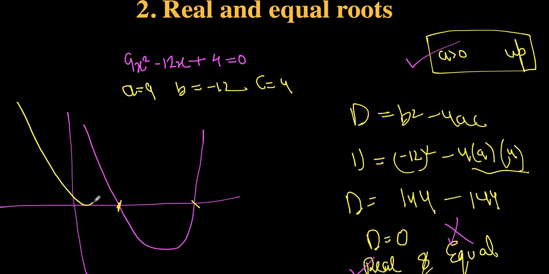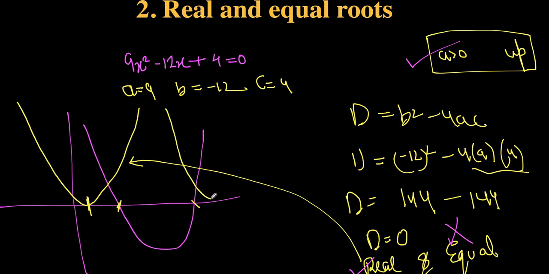The graph should touch the x-axis. Touching means both roots are at the same point. So when you have real and equal roots, your graph will always touch the x-axis. So maybe you can get a graph like this. That is also true, because here we don't know the exact value of the roots.